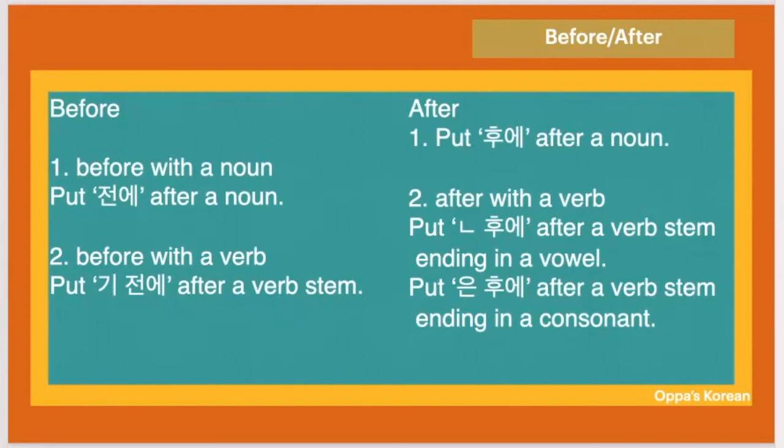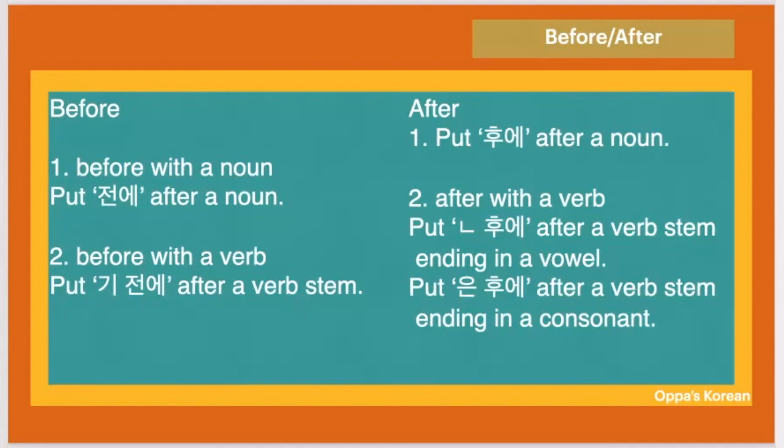To summarize, today we covered how to say before and after in Korean. Before, if you want to use before with a noun, you simply put 전에 after a noun. If you want to use before with a verb, you put 기 전에 after the verb stem. If you want to use after with a noun, you simply put 후에 after a noun.